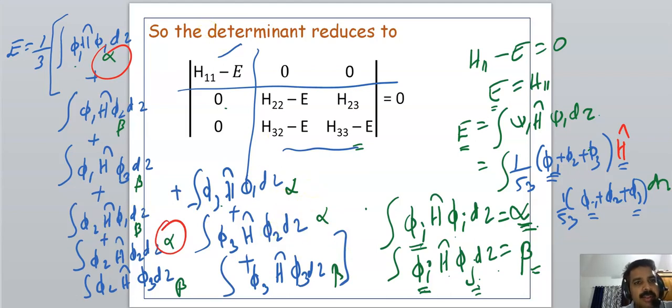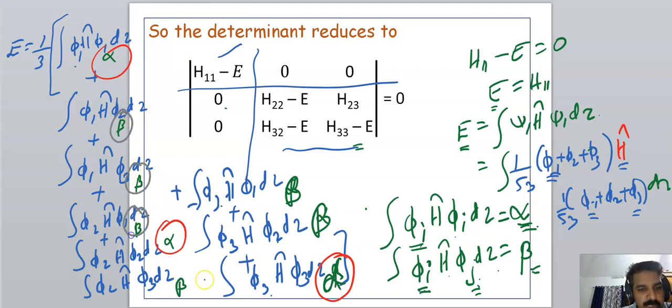There is a mistake here. This is phi 3 phi 1, therefore it is beta. Phi 3 phi 2, it is beta. Phi 3 phi 3, it is alpha. Okay, then there are 3 alpha, and beta is 1, 2, 3, 4, 5, 6.